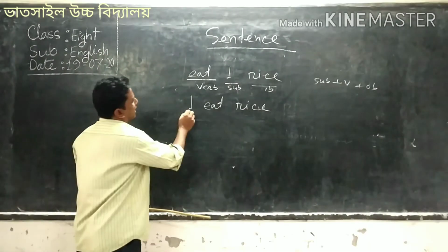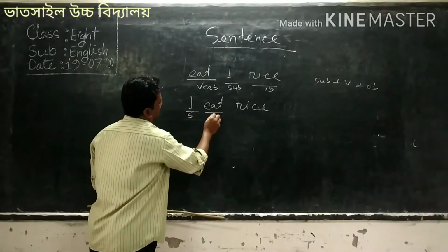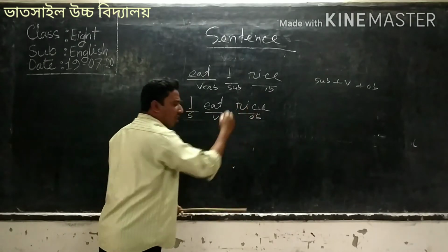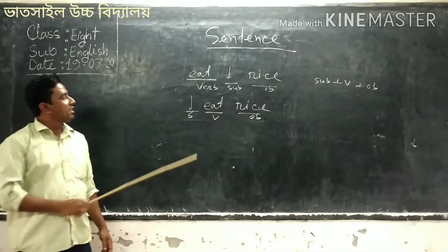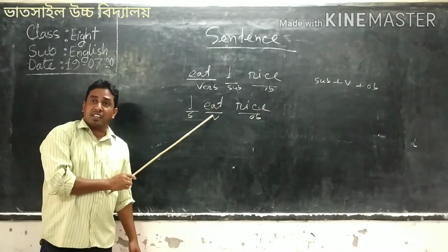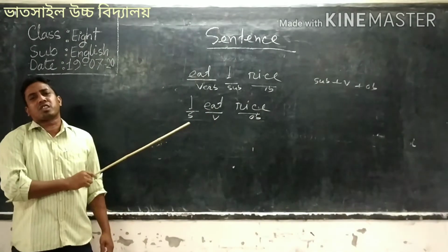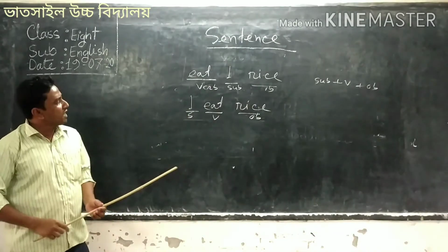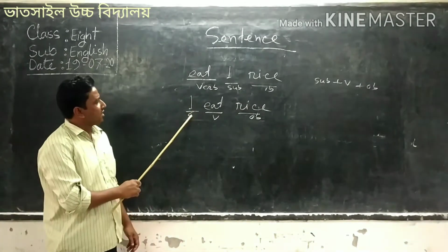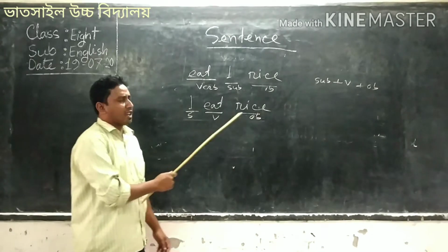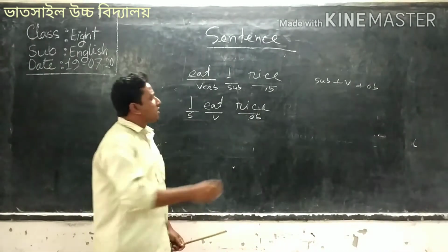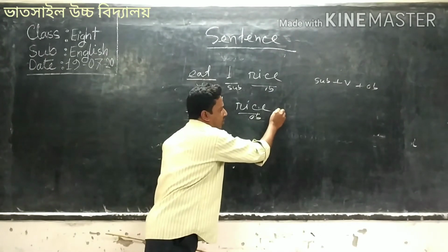And the next sentence, subject plus verb plus object. Is this a correct sentence or not? This is also not a correct sentence because we use subject plus verb plus object, but do not use a punctuation mark, the full stop.